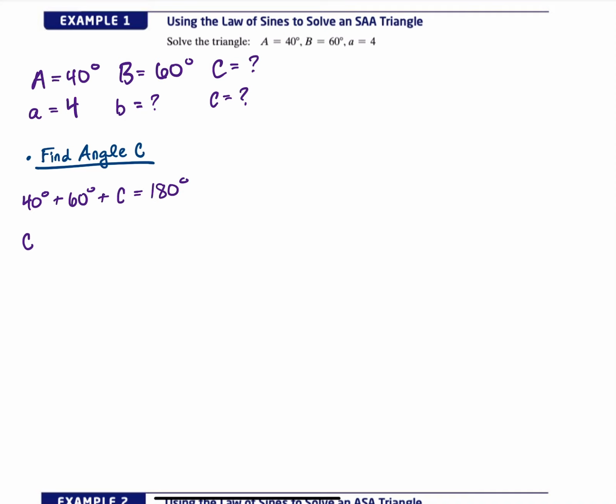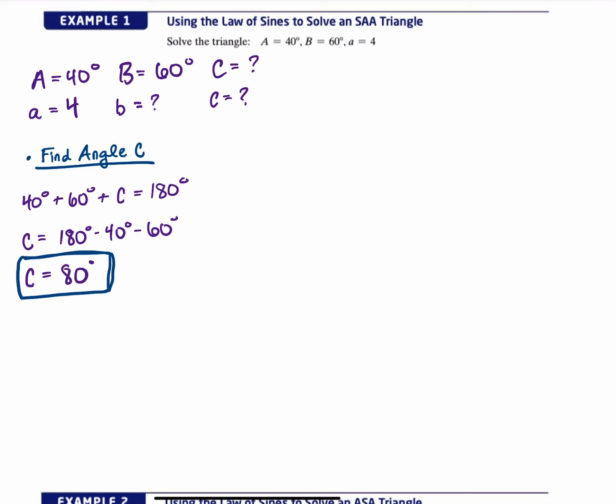So that means C would be equal to 180 minus 40 minus 60. So that means C is equal to 80 degrees, because 60 plus 40 is 100, so 180 minus 100 is 80. So we got our third angle.